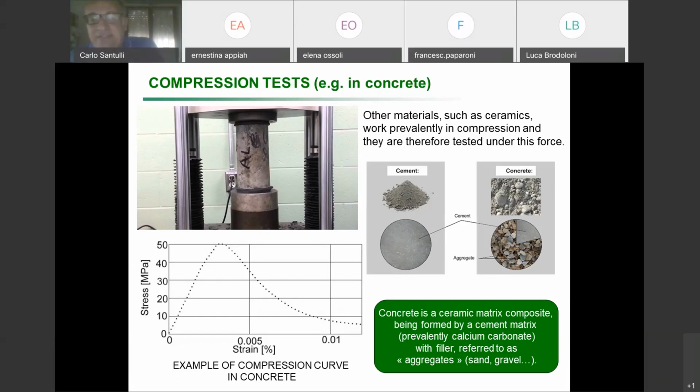Having said the difference between cement and concrete, the aggregates, which are sand, gravel, and small stones, make the cement more stable because they have no thermal fatigue effect. Because the stone gravel of course doesn't change dimension even in the cycles between day and night and so on.